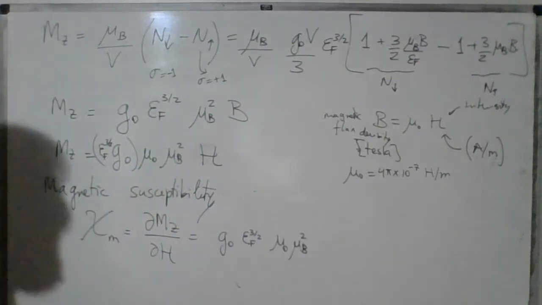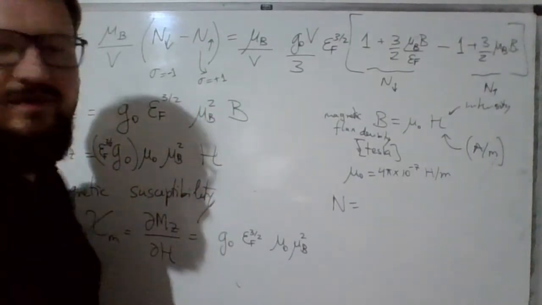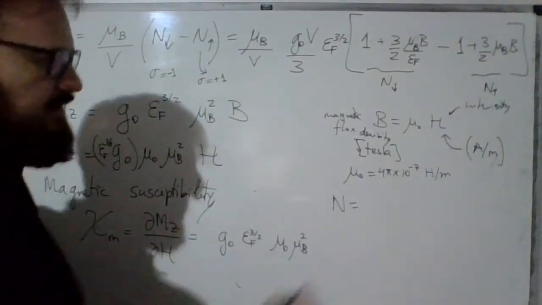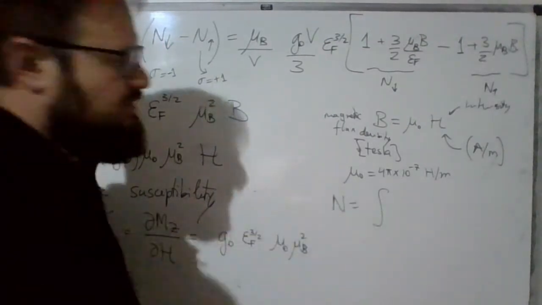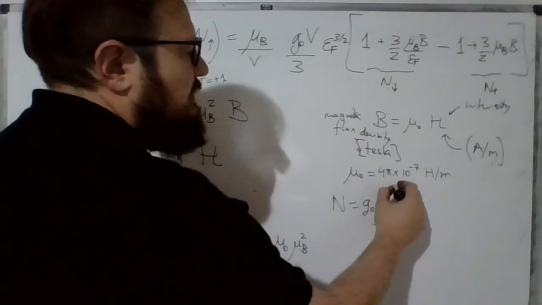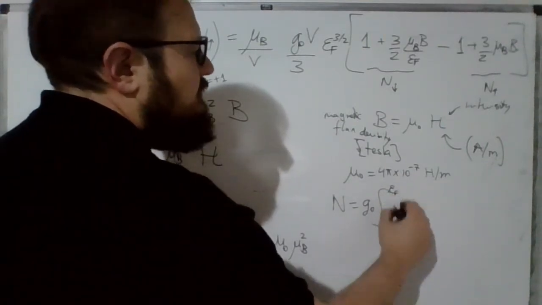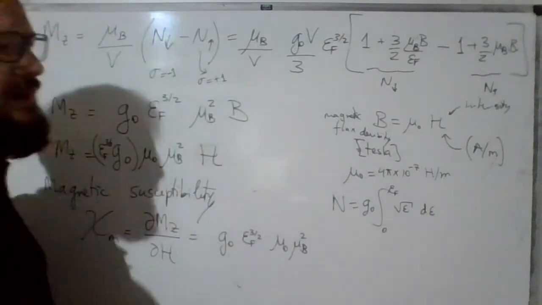But notice that if you want to calculate the total number of particles of your system, you would calculate with a factor of 2. You would have G0 times the integral from 0 to the Fermi level of the square root of the energy, times the volume.